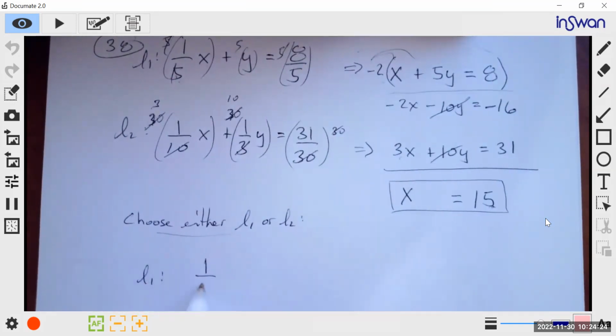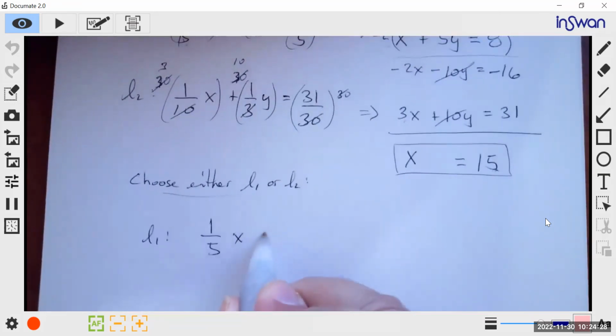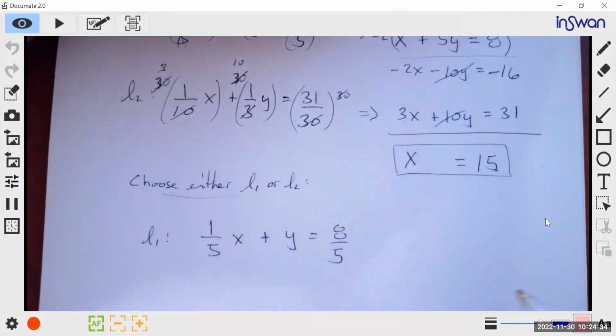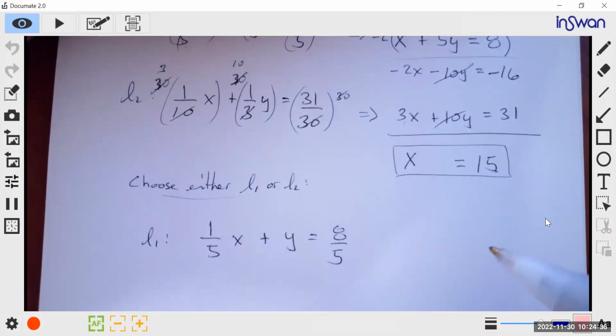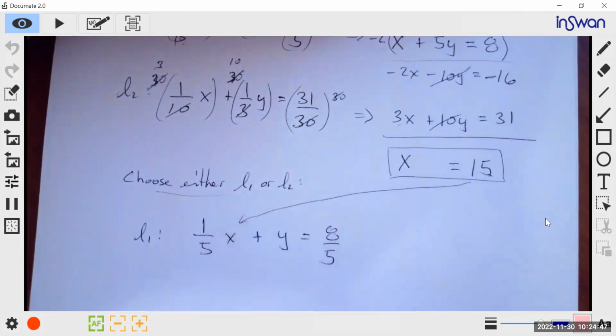Use line 1. Plus y equals 8/5. I know that x is 15.